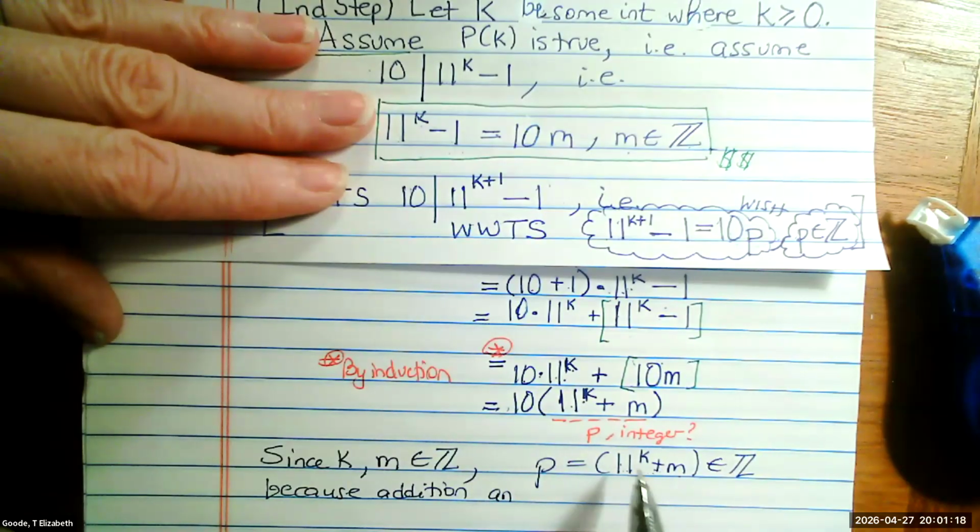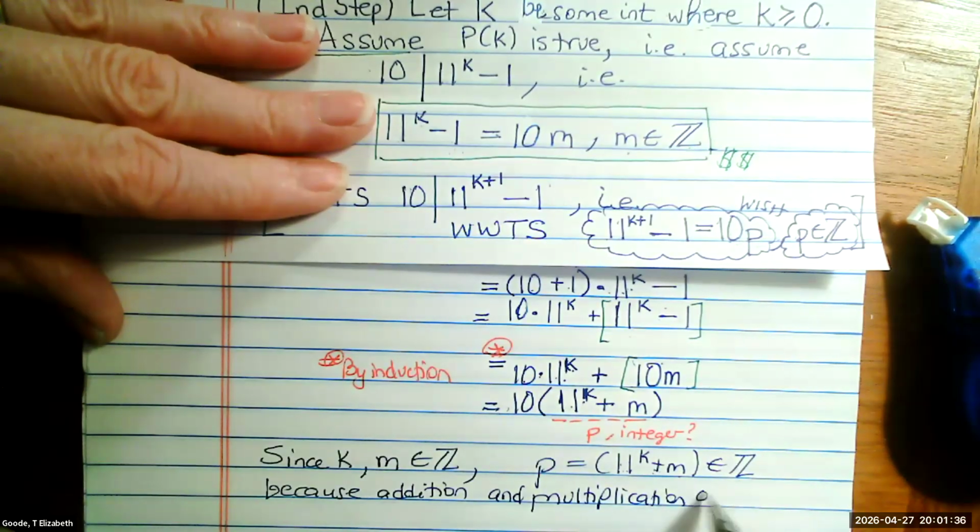It just means 11 times 11 times 11 dot dot dot times 11 for a total of k factors of 11 multiplied all together. And multiplication of integers produces integers.